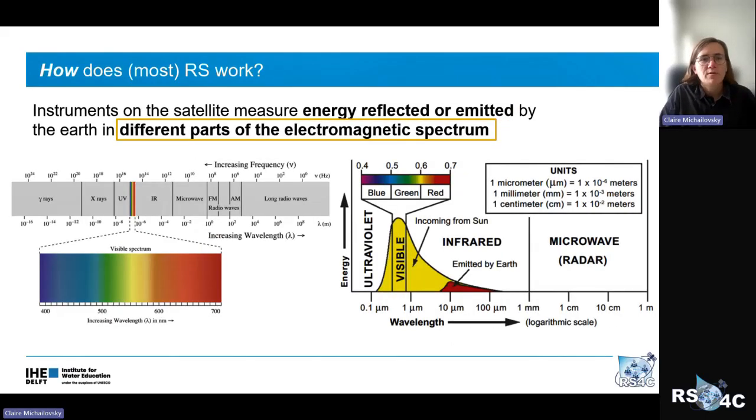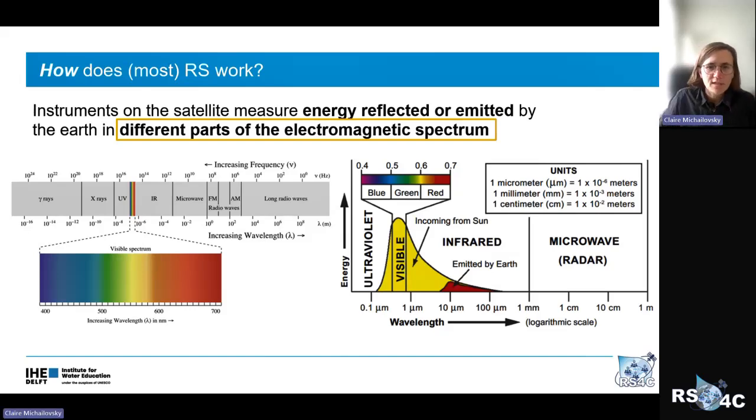Looking at the next part of the sentence, we're looking in different parts of the electromagnetic spectrum. For those of you who work with remote sensing, you're dealing with the electromagnetic spectrum every day. And for others, you might not realize it, but you're probably a bit familiar with it. The electromagnetic spectrum is defined as the range of all types of electromagnetic radiation arranged by wavelength.